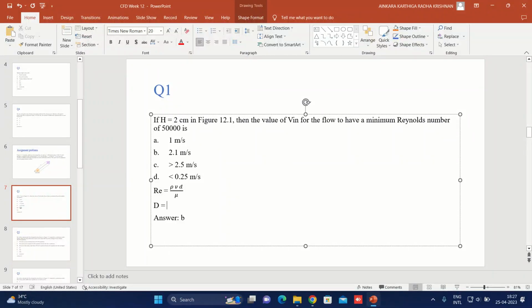So how do we calculate it? It is 4 times the flow cross-section area divided by the wetted perimeter.